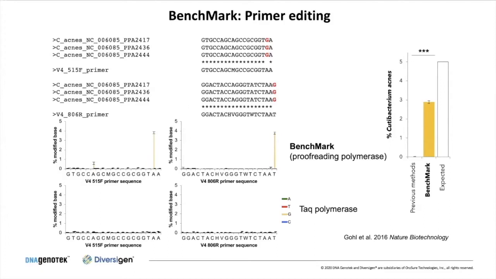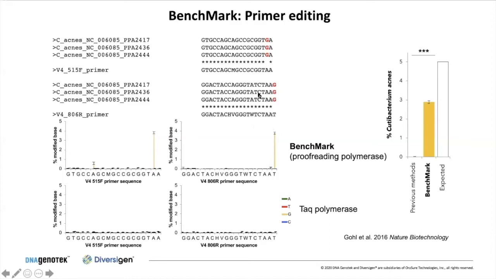And we uncovered this actually in looking at P. acnes or C. acnes in this mock community, where we saw that the reason that this organism tends to drop out in analysis using the V4 variable region is that there's a mismatch between the V4 primer sequences, both the forward and reverse V4 primers, and the C. acnes 16S template sequence.